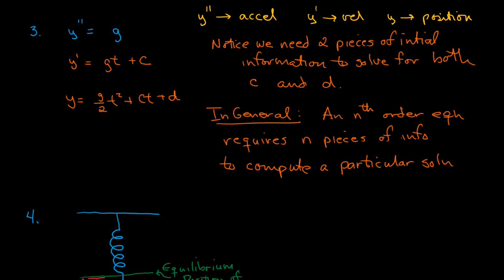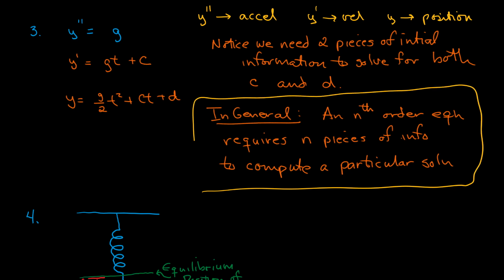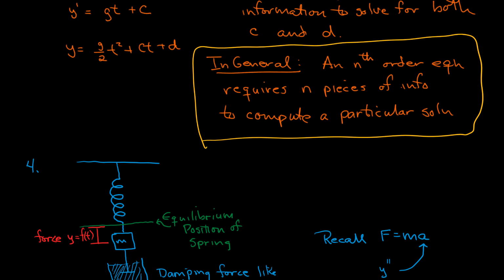In general, and this is important here on the right-hand side, if you have an nth derivative, also referred to as an nth order equation, you need n pieces of information to compute a particular solution. So if this was the fourth derivative, for example, we would need to have 4 pieces of information. An example of one such piece of information could be y of 0 equals 40.